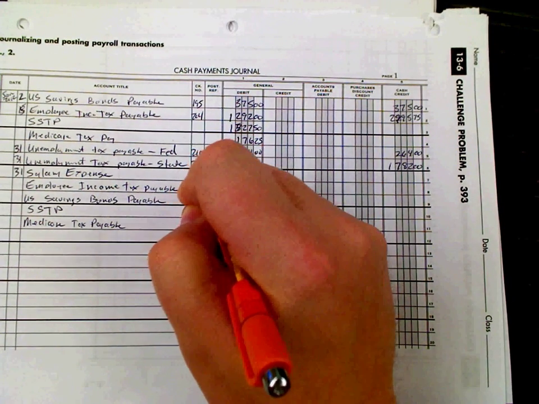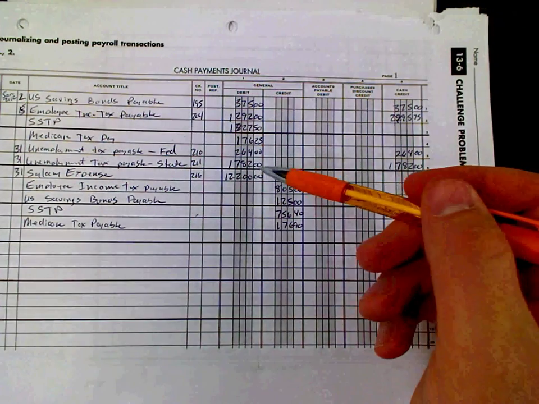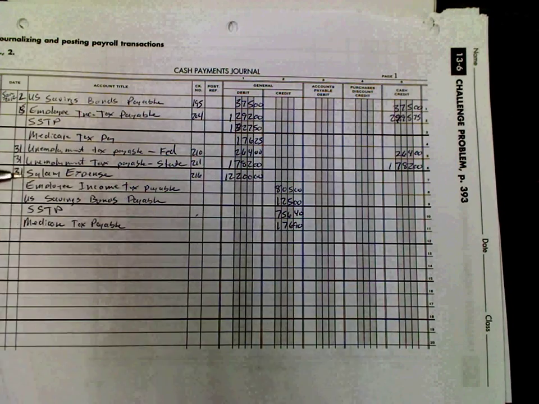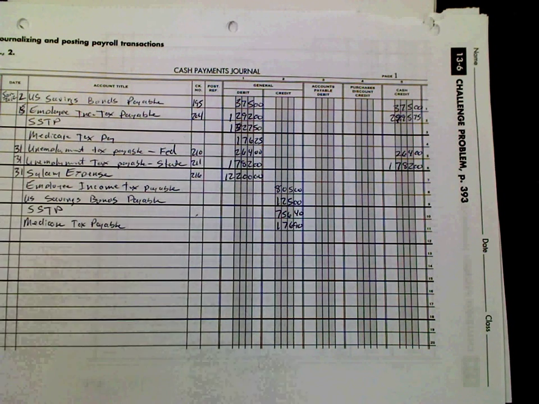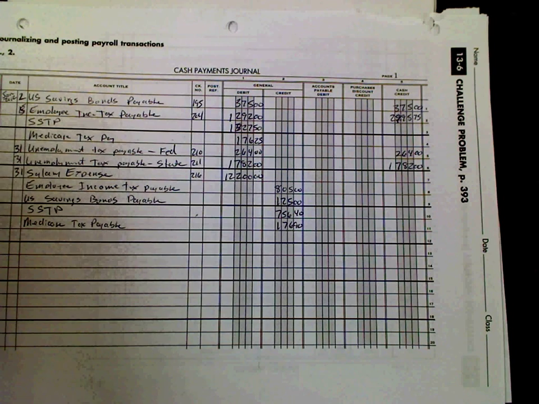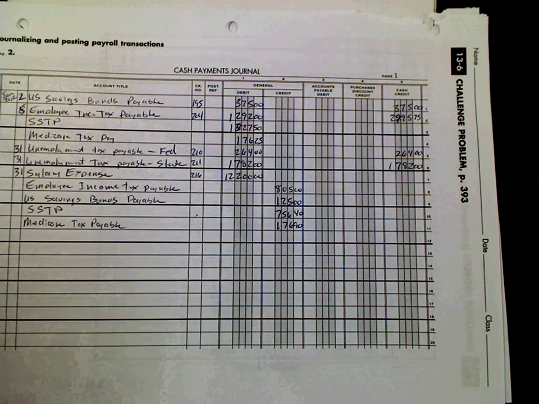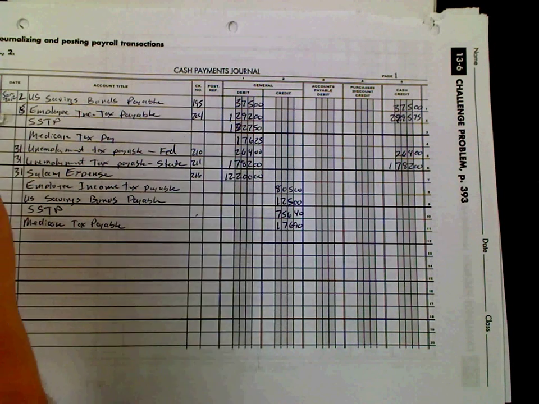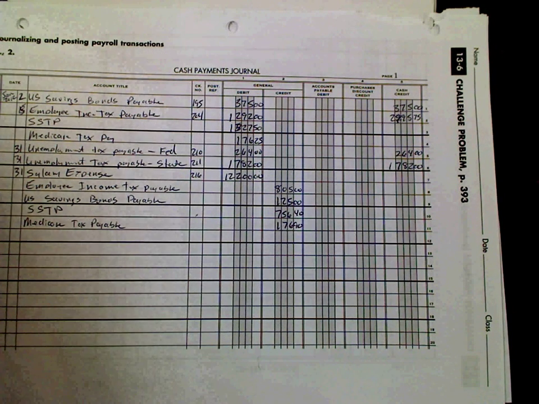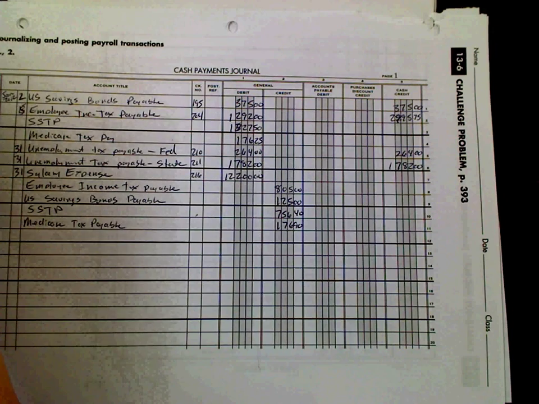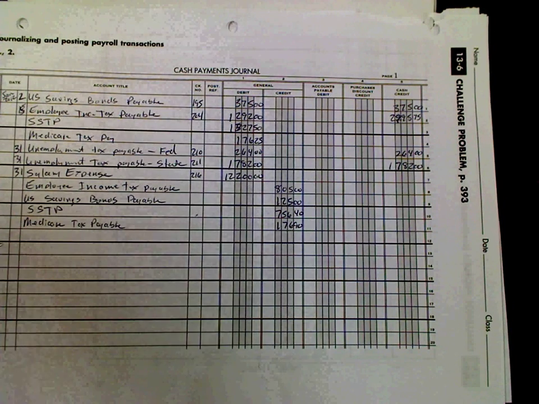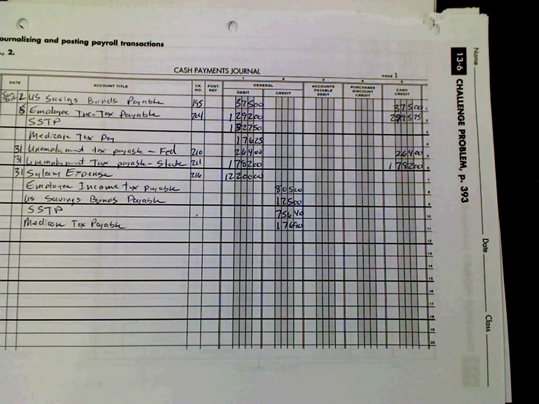So now we take 12,200 minus all of those. Minus 805. Minus 125. Minus 756.40. Minus 176.90. 10,336.70.